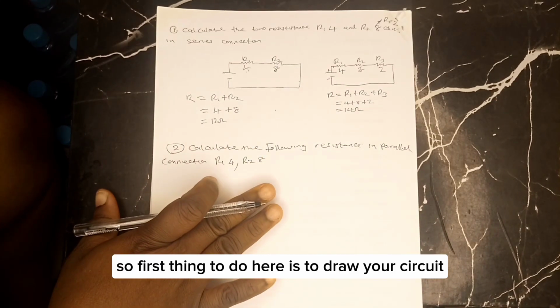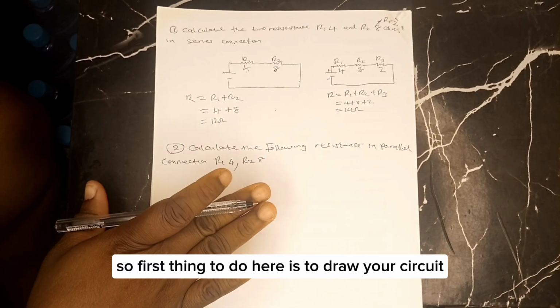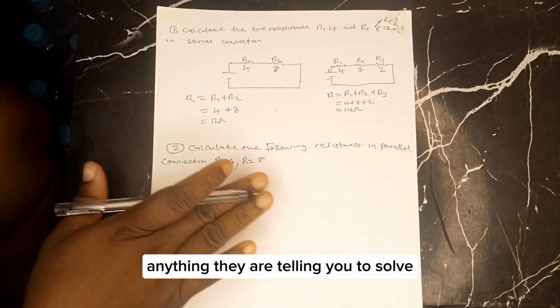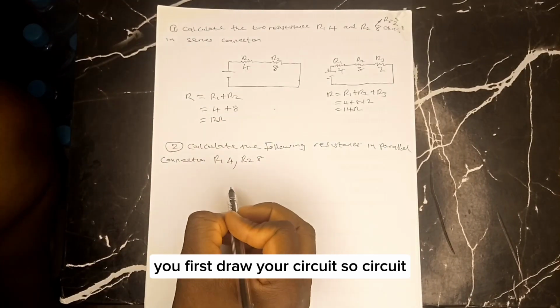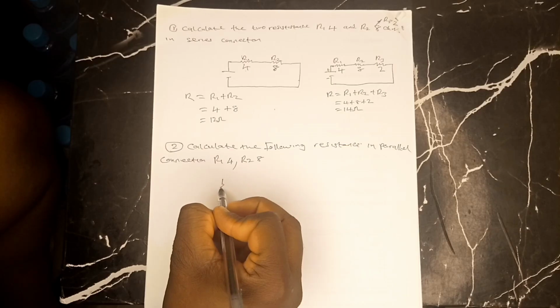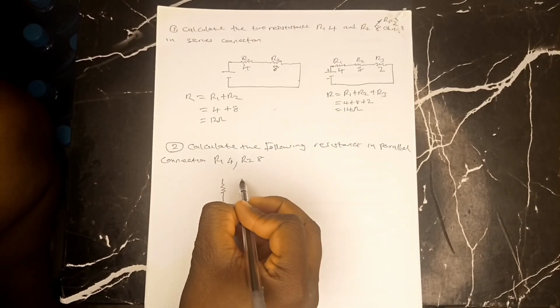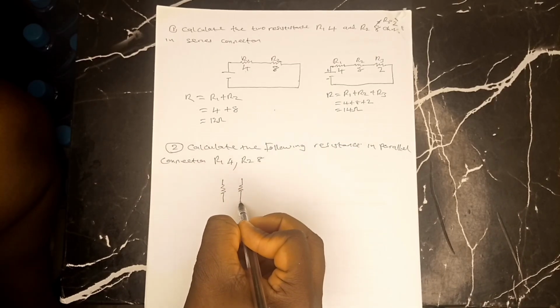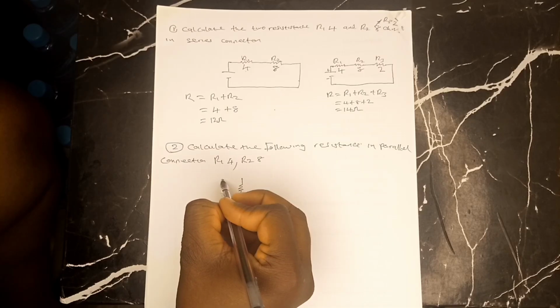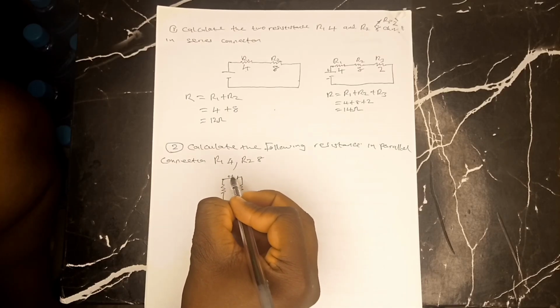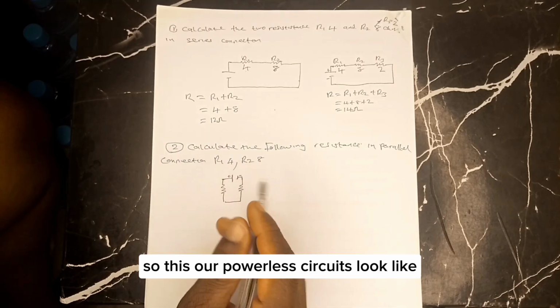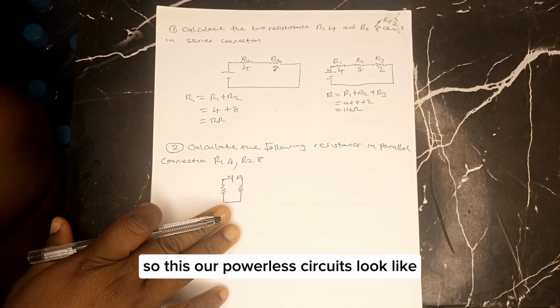So the first thing to do here is to draw your circuit. Anything they are telling you to solve, you first draw your circuit. So this is how a parallel circuit looks.